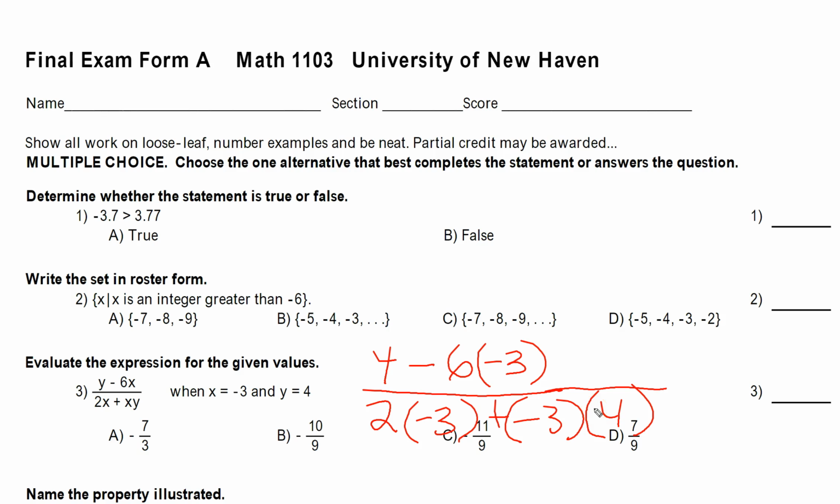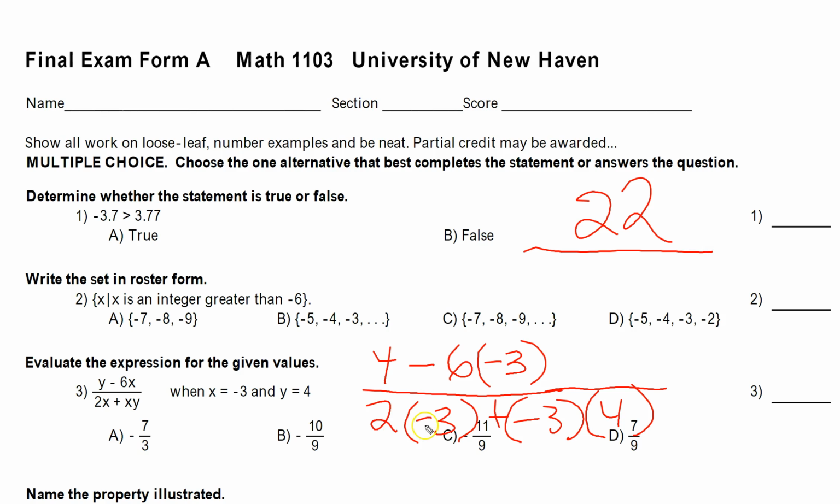So the idea of putting your variable in a parenthesis is a really good idea, because now when you go to simplify, you're going to do this parenthesis, this multiplication first. This is an 18. 18 plus 4 is 22 on top.